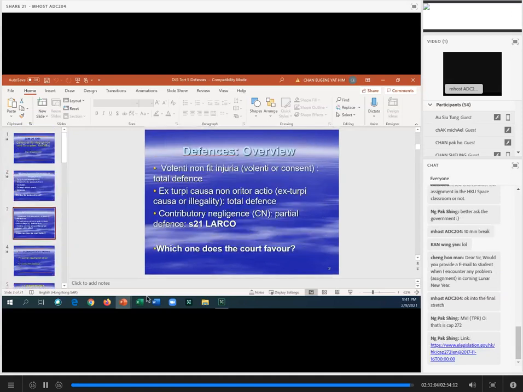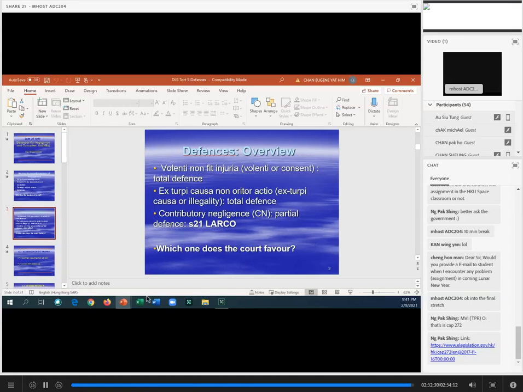Contributory negligence. And contributory negligence, everybody, the main law on that is Section 21 of LACO. So everybody, just to sum up tonight, we've covered some must-know legislation tonight. Section 62, Evidence Ordinance, by way of revision. Section 12 of the MVITPRO, and coming up next time, Section 21 of LACO.